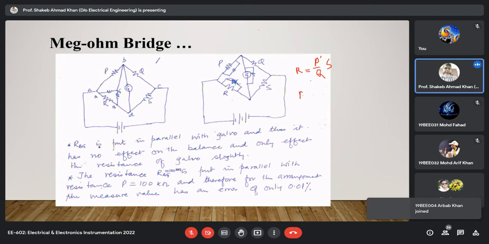What is the value of P dash? Where P dash is basically 100 kilo ohm and 100 mega ohm connected in parallel. What is the equivalent resistance? Calculate this quickly. I want you to calculate and let me know.